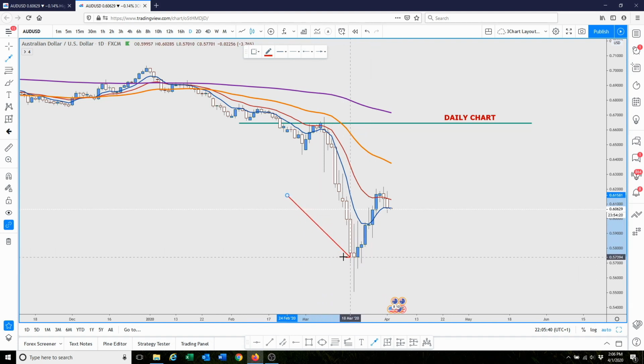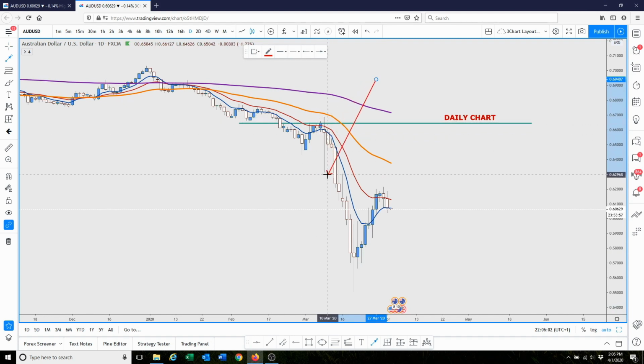So this was a possible setup. You can see there's a 3-pin formation, 1, 2, 3, and then a bullish engulfing candle. This happened March 20th, and the last opportunity could have been around here. There was another 3-pin formation, 1, 2, 3.